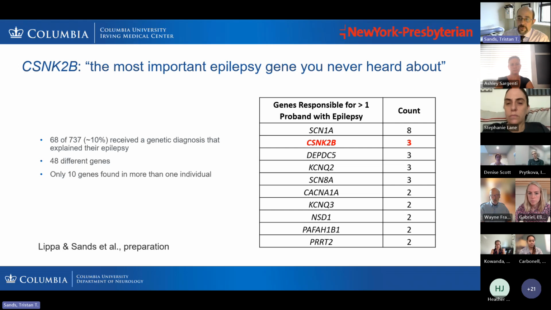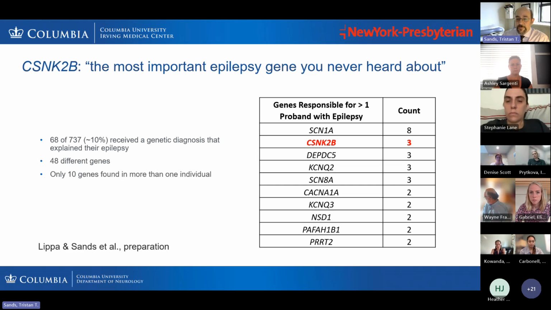KCNQ2 causes the most common form of neonatal onset epileptic encephalopathy. SCN8A is a sodium channel that's also a well-known epilepsy gene. CACNA1A is well known. KCNQ3 goes along with KCNQ2 as being some of the oldest described epilepsy genes, and so on and so on.